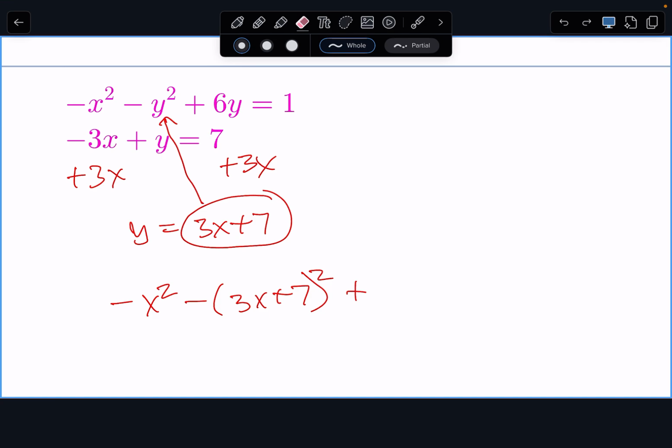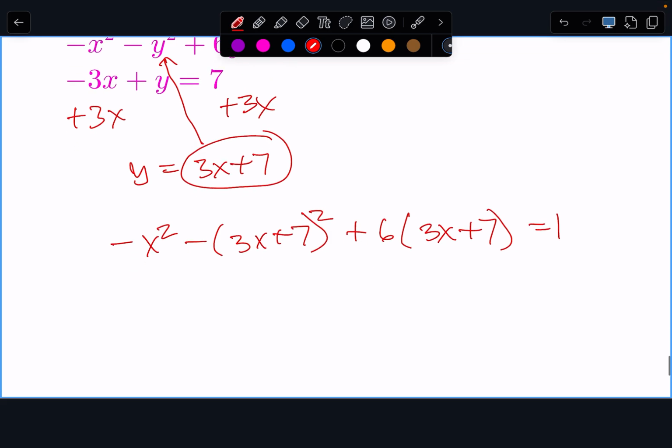Plus 6. I hate rewriting. 3x plus 7 equals 1. We're going to end up with fractions anyway. This is 9x squared, 2142x.